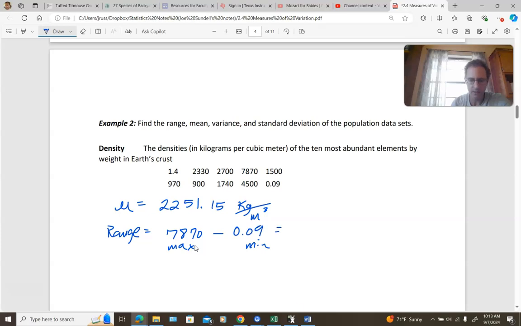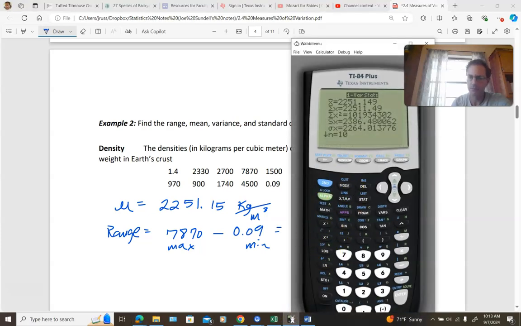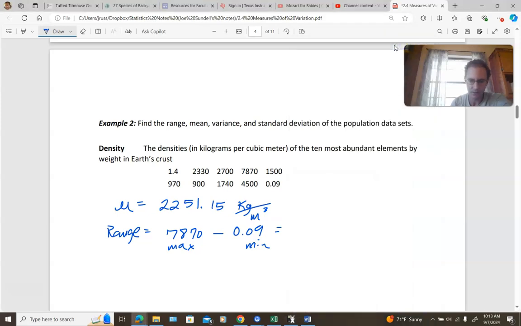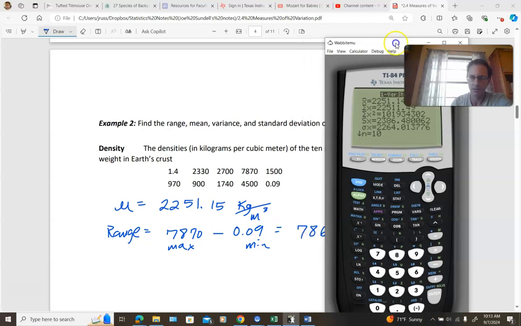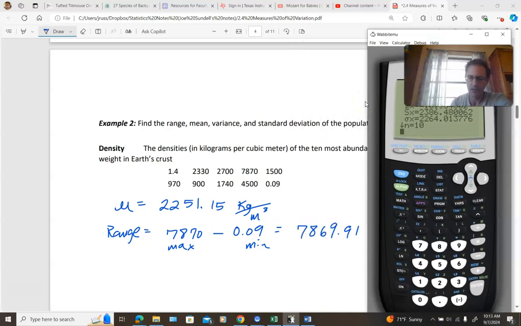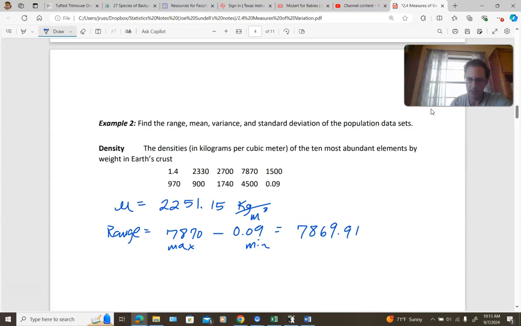If we do that, I think we will get 7,869.91, if I'm not mistaken. And again, this would be in kilograms per cubic meter, okay? All right, I think that's right.